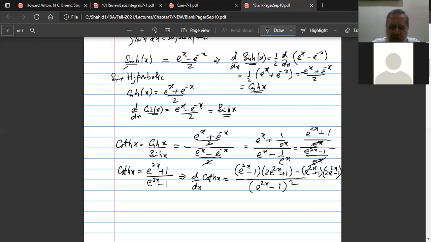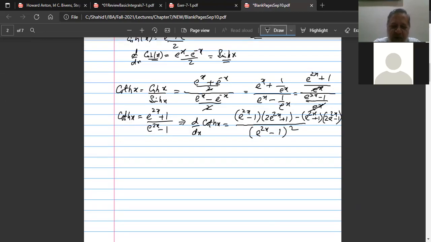Now, in this form, you see that it becomes a bit complicated. We could have gone into differentiation from this direct form. Anyways, let us try to simplify this. This implies d/dx of cot hyperbolic x is a complicated kind of thing.